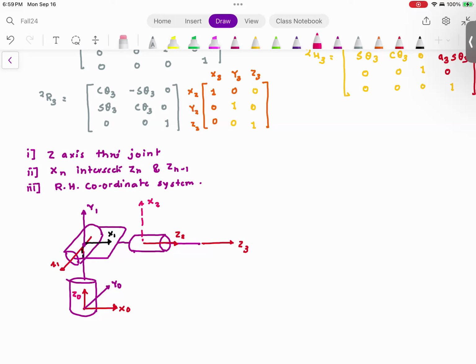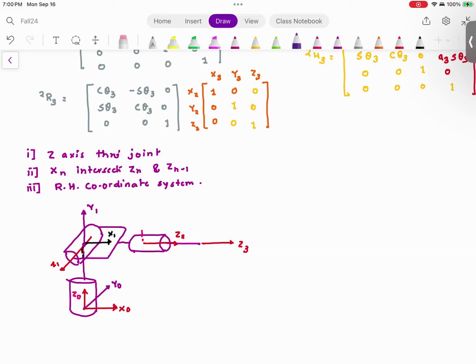But is X2 intersecting with Z1? No. Everyone see that? My X2 is here. My Z1 is here. So they are not going to intersect anyways. They are always going to be parallel. Okay. Let's try another option.